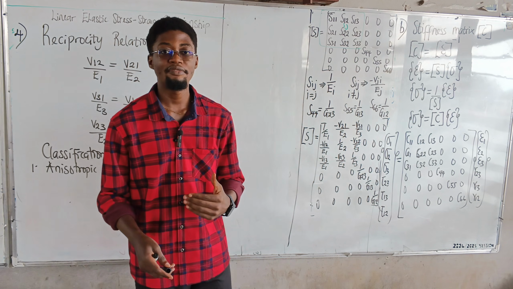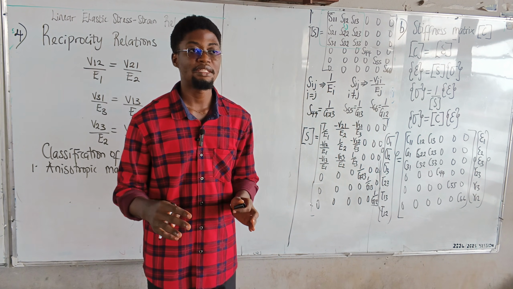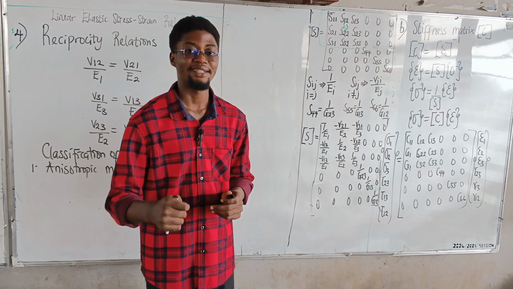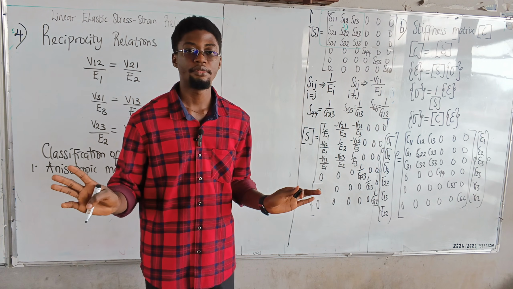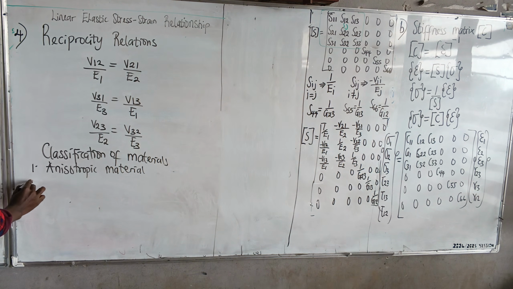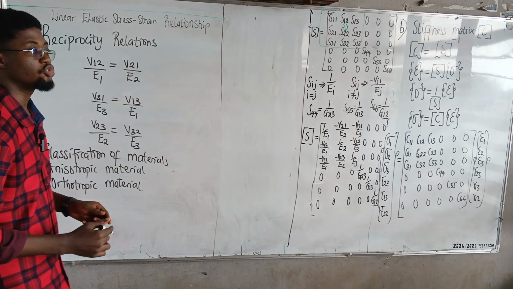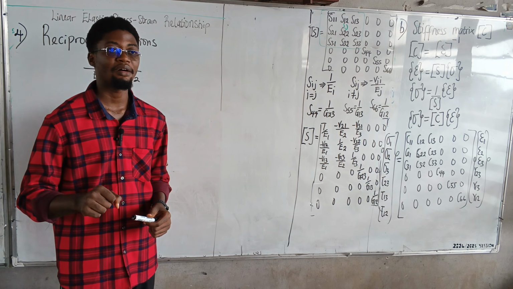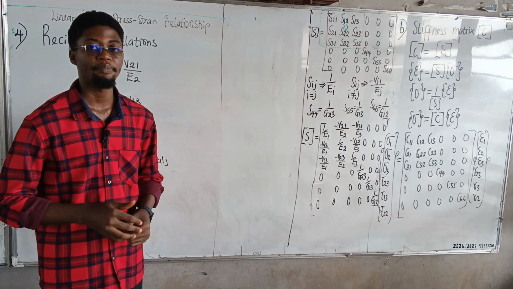So every time you hear anisotropic material, it means two things. First, their properties are different in all directions, and another way of explaining it is that the stiffness and compliance matrix are fully populated. There is no zero. So that's an anisotropic material. The second class of material is called orthotropic material. Now what is an orthotropic material? Orthotropic materials are materials that have properties that are different in three mutually perpendicular directions.